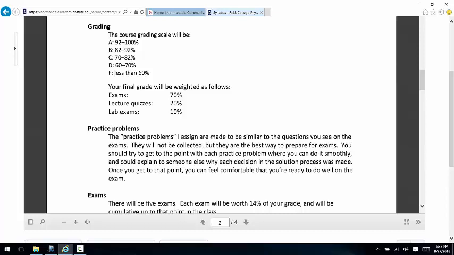Two weeks later, I'm going to assign the even versions of those problems again. Two weeks after that, I'm going to assign the odd numbers of those problems again. The idea is to keep going back and refreshing your memory on these topics. When you see them the second and third times, the hope is that you can go through them pretty smoothly. You've already done it once, but it's about keeping those topics in your head.